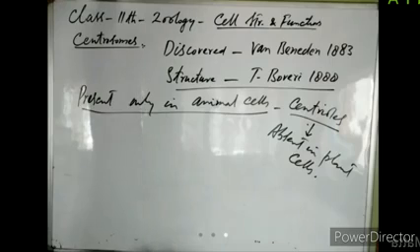These centrosomes are present usually at the two poles of the cell during cell division.